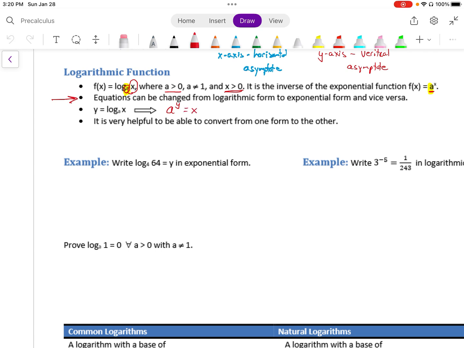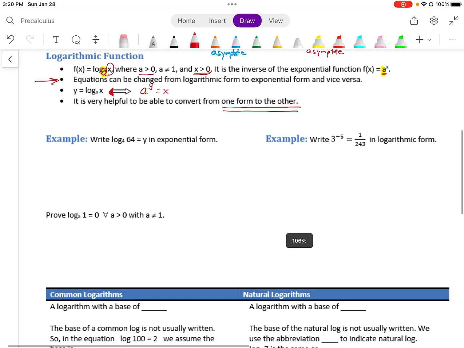This has one arrow here, but I'm going to change this and put both arrows because it says vice versa. This is what we use for converting from one form to another. Sometimes it's helpful to have an equation in logarithmic form, and sometimes it's helpful to have an equation in exponential form. So we just have two examples here, but this is really important.